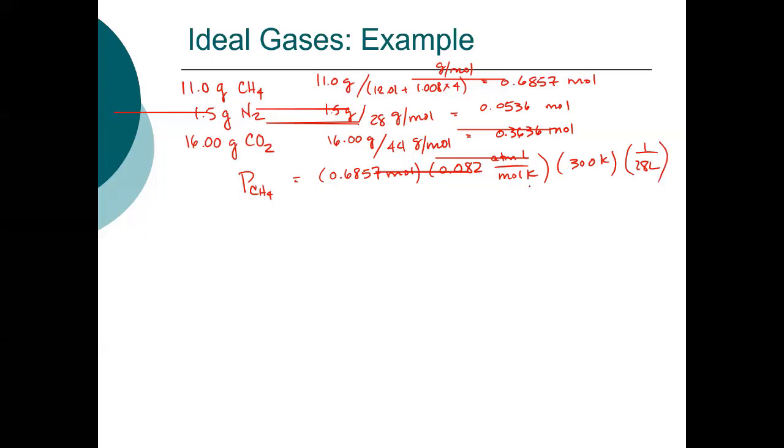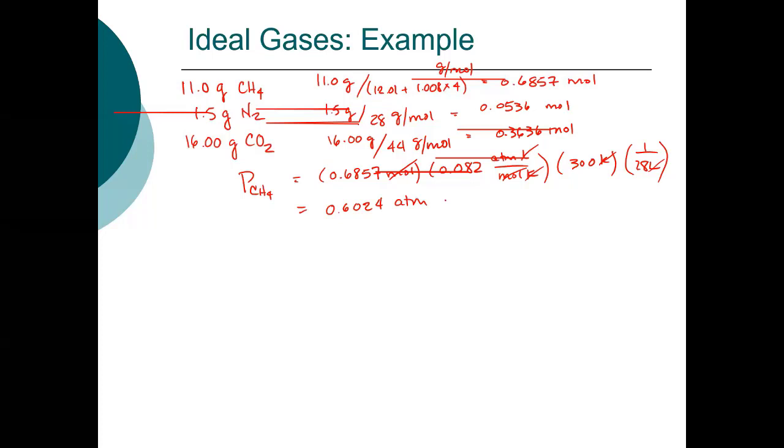So temperature cancels, volume cancels, moles cancel, and I'm left with units of atmospheres. So this is 0.6024 atmospheres.